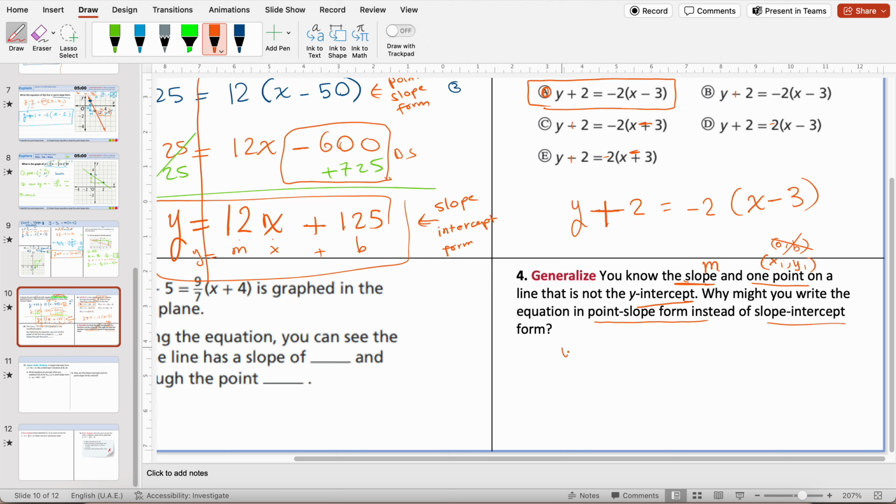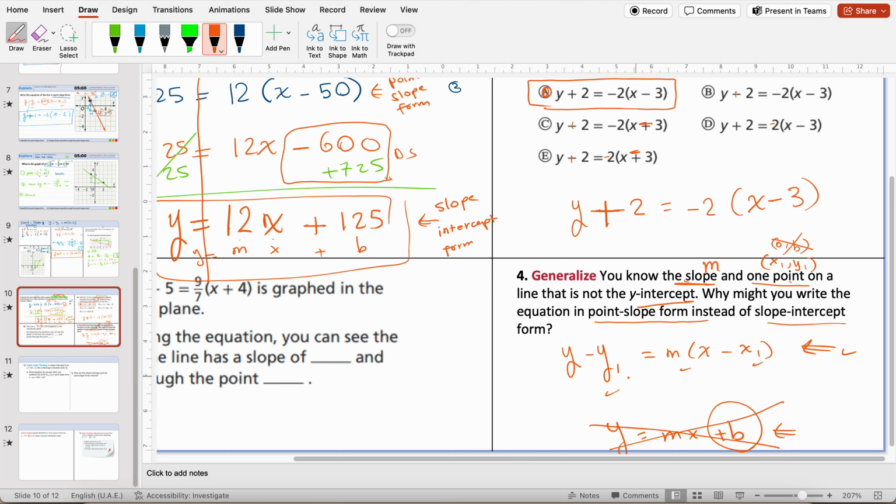Because point slope form literally takes a point and the slope, which is exactly what we have, a point and a slope. But the slope intercept form, y equals mx plus b, I should have b, and they didn't give me b, so I would prefer to use this equation, point slope form, over the slope intercept. If I don't have the intercept, why would I use this one? Of course I'm not gonna use it. I will use the one that is easier for me.